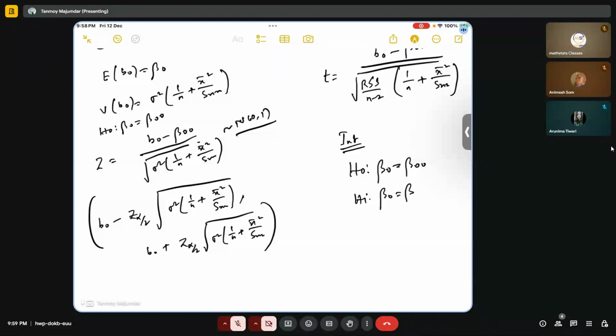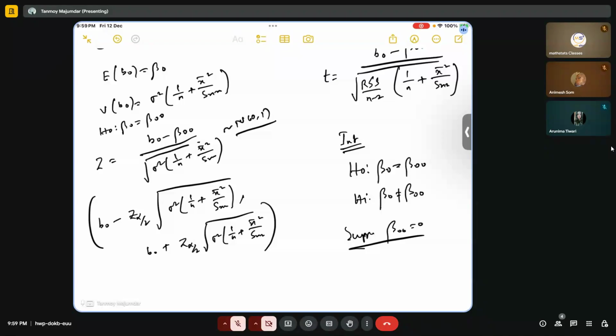So suppose beta naught equal to 0, and in that case we arrive at a decision that our hypothesis is fail to reject, meaning we are going to accept the null hypothesis.